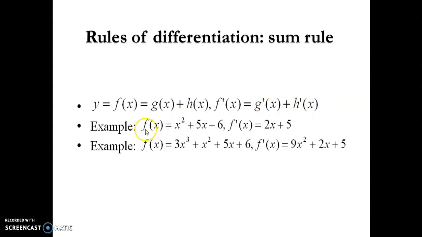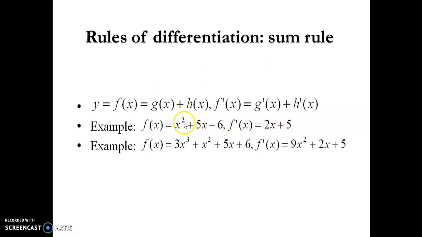And for this example, we have f of x is equal to x squared plus 5x plus 6. So in order to get the first order derivative of this function, we'll differentiate each and then add. So this would now become 2x, because you bring the power down, multiplied by the coefficient in front of the variable x, which is 1. So that is 2x.